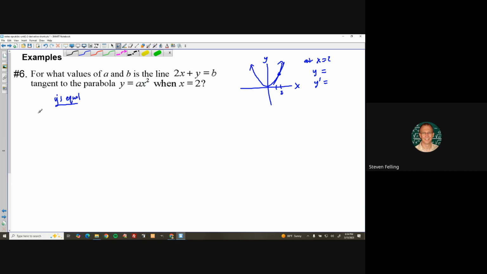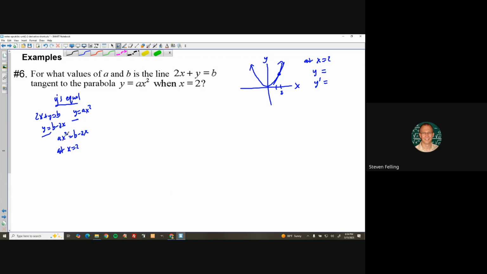Okay, well, we've got 2x plus y equals b for the line, which means that y is b minus 2x. And we have for the parabola y equals ax squared. And that means that this y has to equal this y. So ax squared must equal b minus 2x. Okay, that gives me an equation. And this has to be true at x equals 2, because that's the point of tangency.